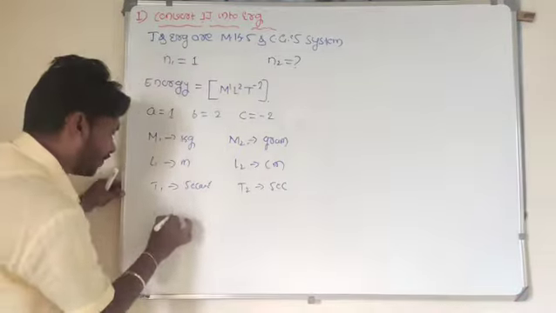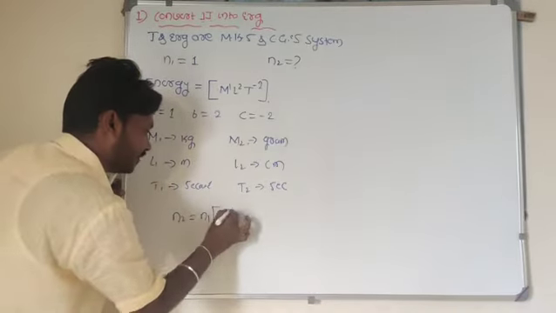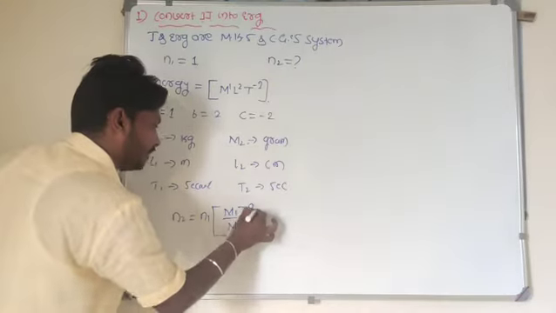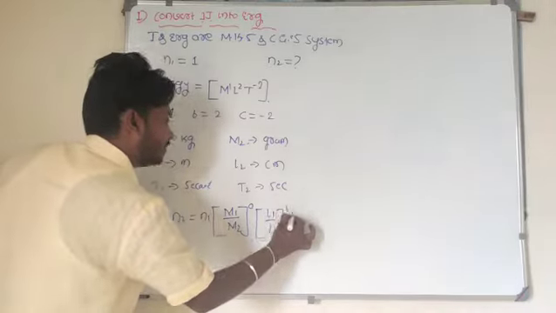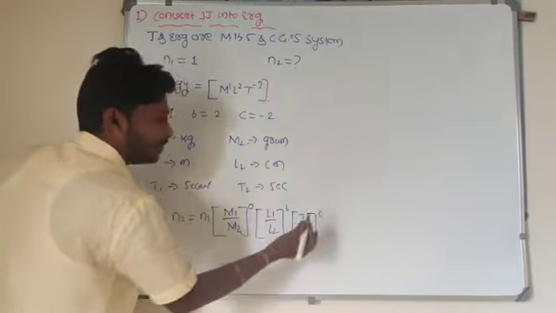So I will use the formula. We got that formula, N2 is equal to N1 into M1 by M2 of A, L1 by L2 of B, whereas another one is T1 by T2 of C here.